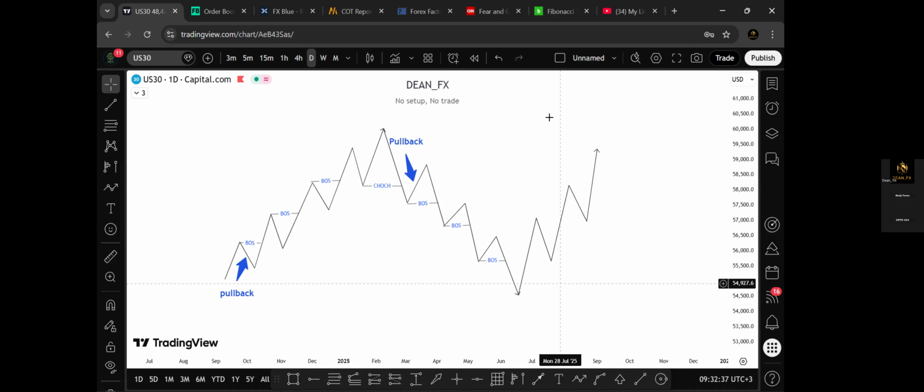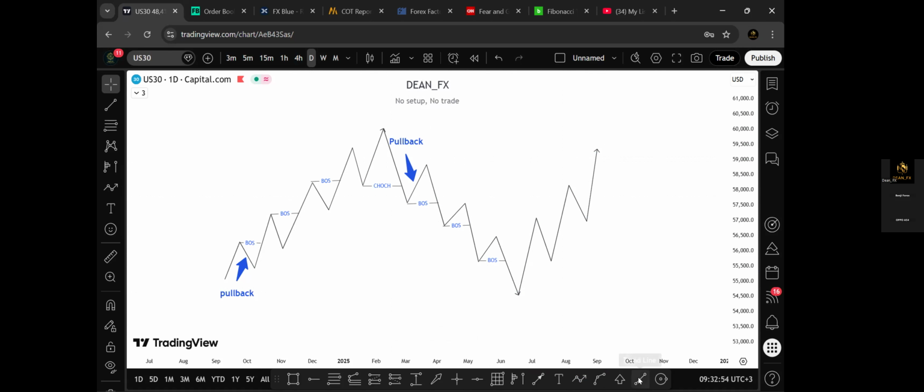All of this is the SMC draft, whereby it shows how the market flips from maybe a bullish to a bearish, and also a bearish to a bullish.